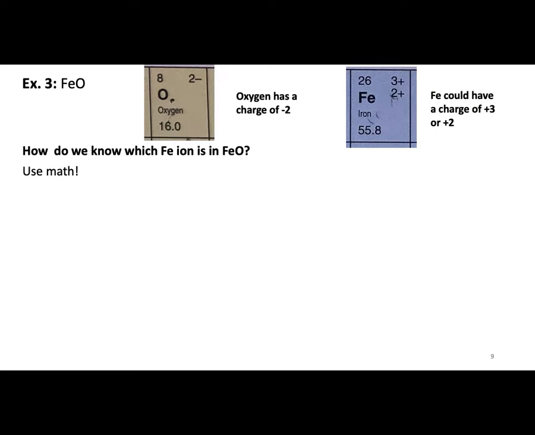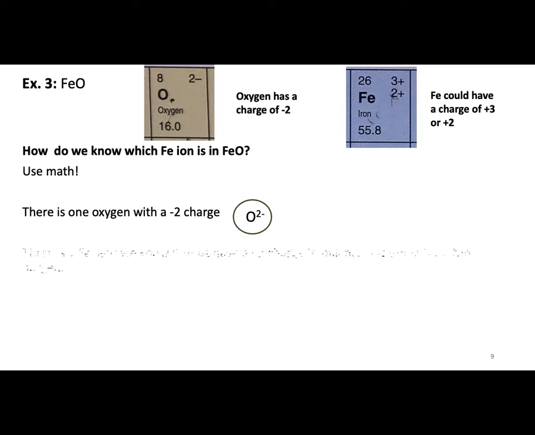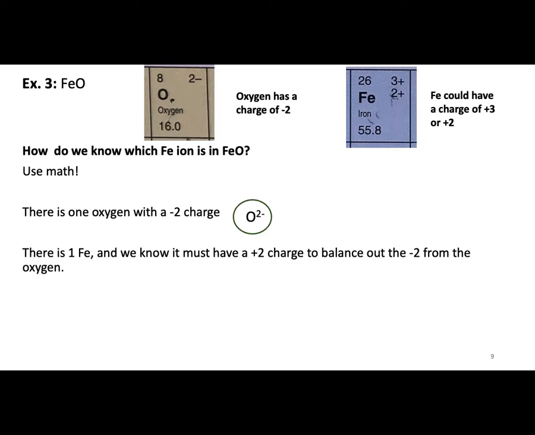We have to do a little bit of math, but don't worry. We know there's one oxygen with a -2 charge. We also know there's one iron, and we know it must have a +2 charge to balance out the -2 from the oxygen. So here's our mystery iron. But there's only one of them, so it must have a +2 charge.